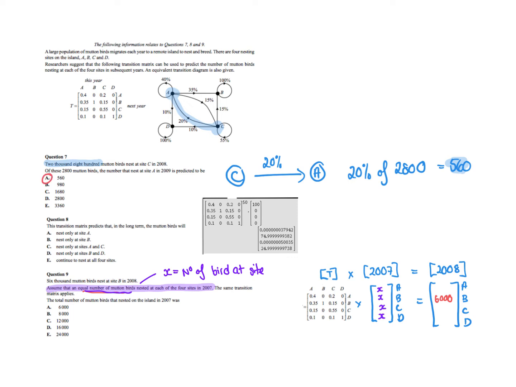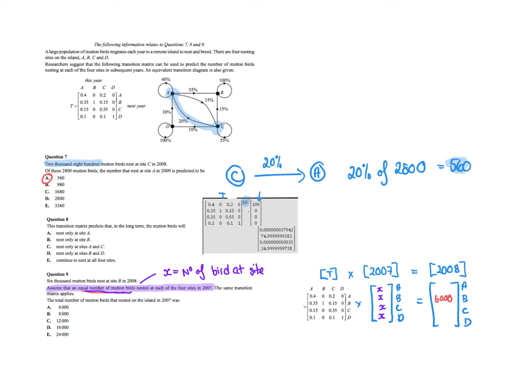Question 8. The transition predicts that in the long term the mutton birds will be... So we've got the steady state. So I've done the transition to a high power there, which you can see. And I just put in, remember I said we didn't have to worry really what the state matrix is, so I've just put 100 into that, meaning like 100% of the birds.